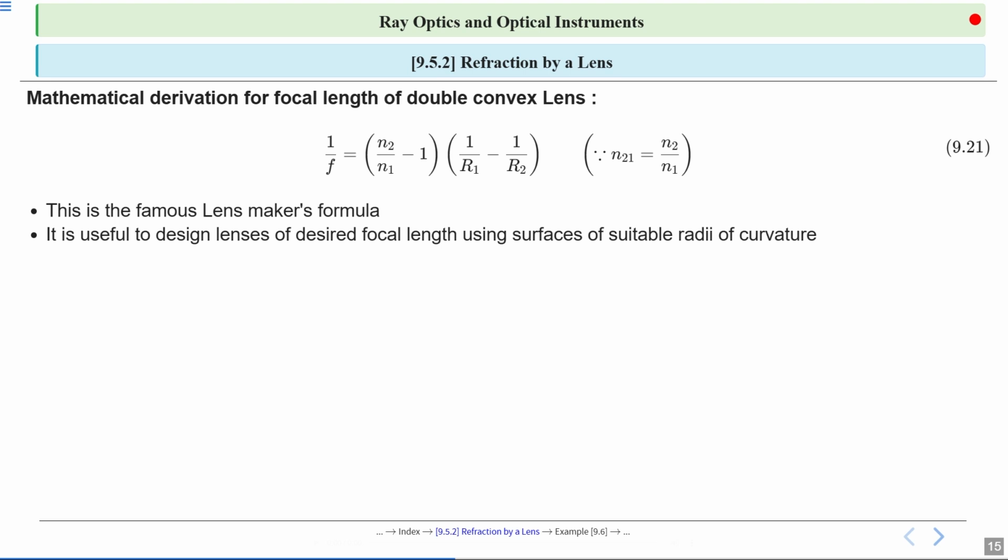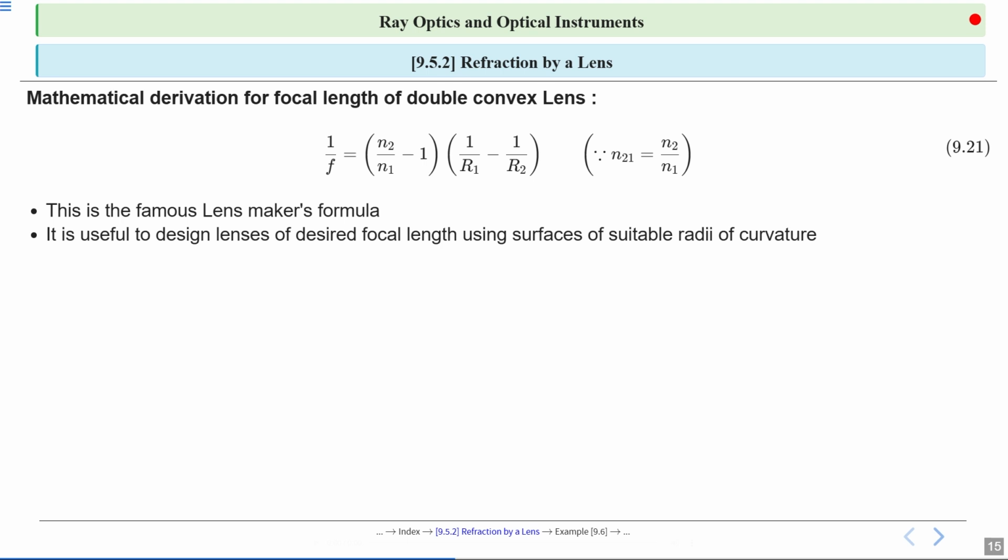It is used to make and design lenses of required focal length. If we want a lens of focal length 20 centimeters, and the medium of the lens is also known, we can modify R1 and R2 according to F, based on this formula. So this formula is used to make lenses.